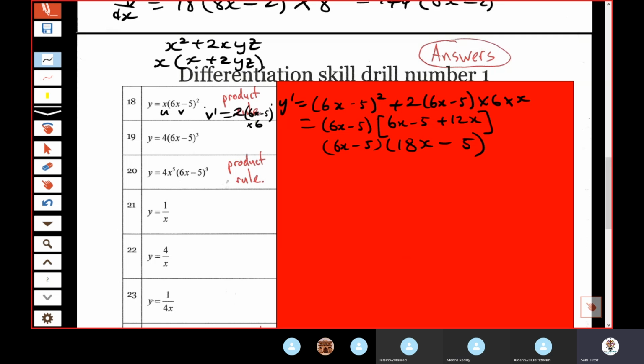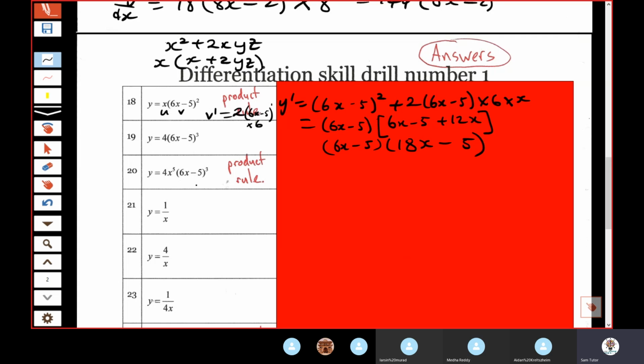Yep, that's the one, and u is x. And then this line here, we've just factorized 6x take away 5 out. And then, what's missing? You're still missing the 6x take away 5 from this first bit, plus you're missing 2, 6, and an x, which is 12x. Simplify it.